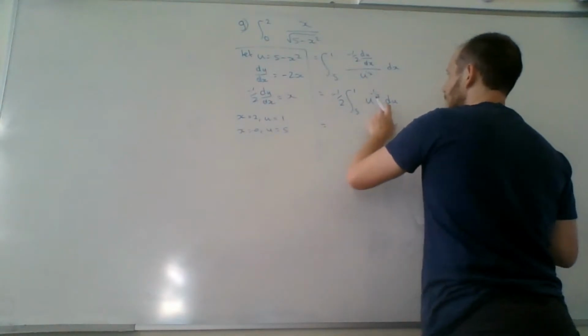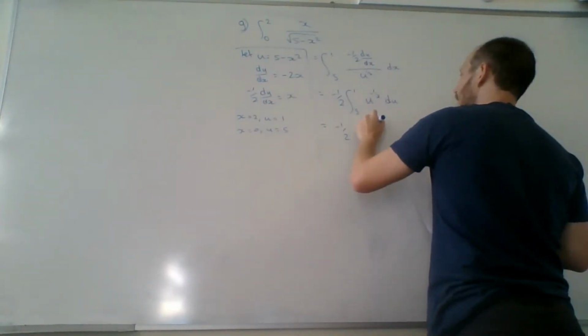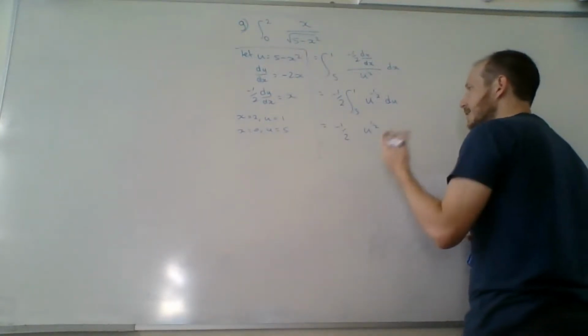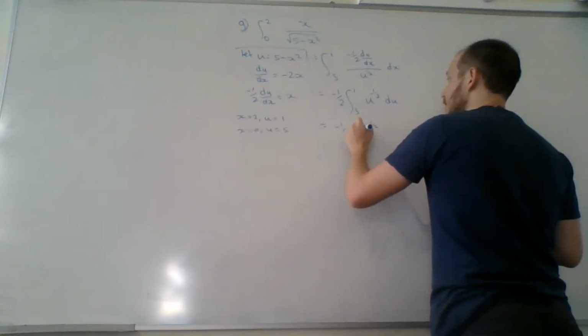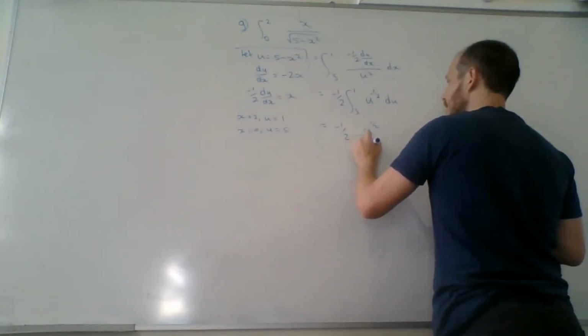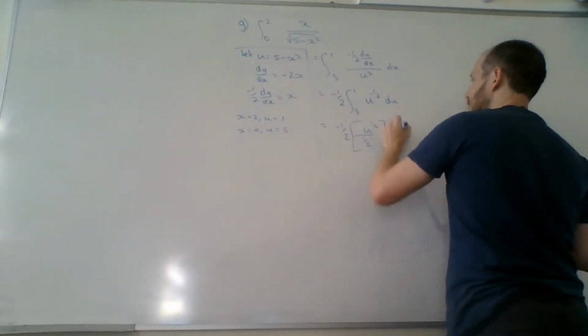So this will be negative half. The integral of this will be u to the half divided by a half, which is the same as multiplying by 2, from 5 up to 1.